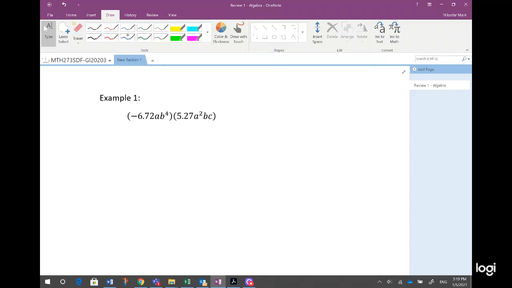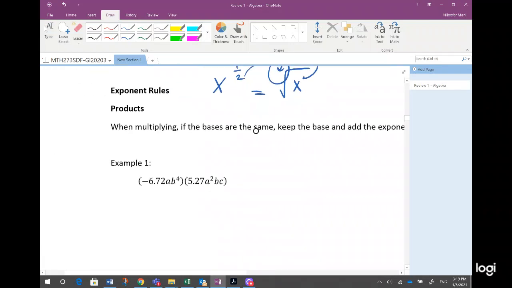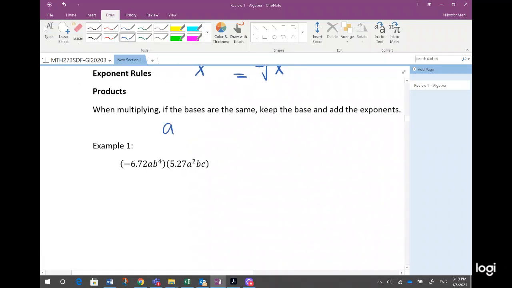Here I have these two terms and I want to multiply. Remember, if I have a x power b y power c multiplied by d x power e y power f, I multiply this with this, this with this, this with this.